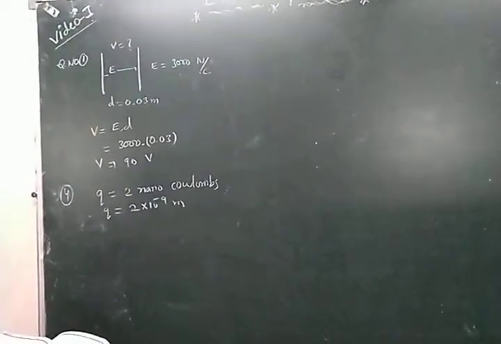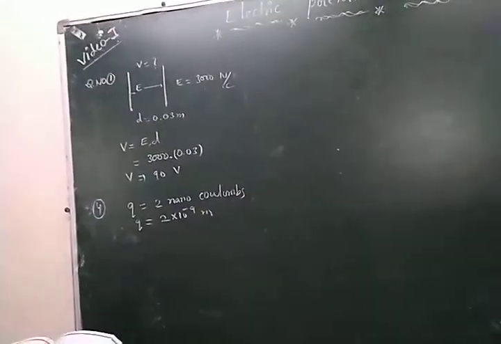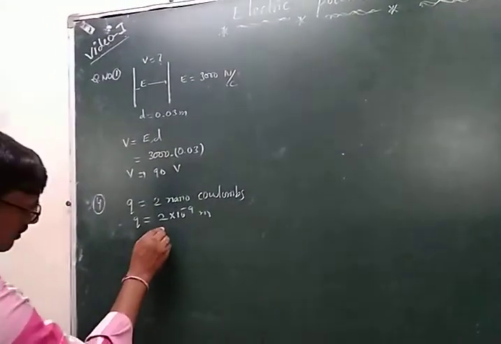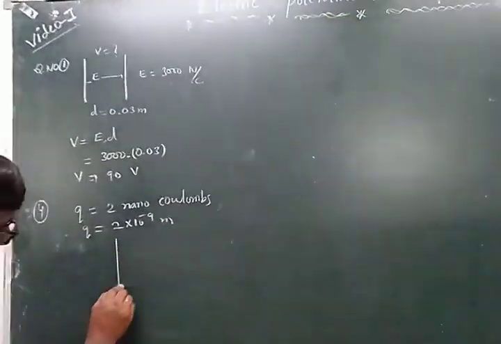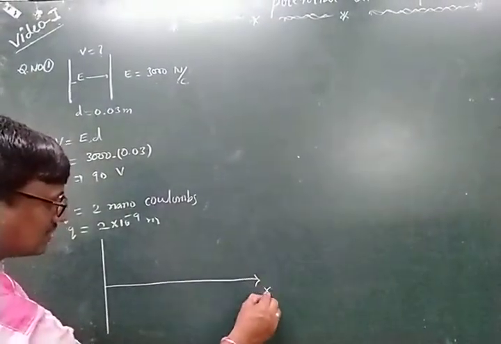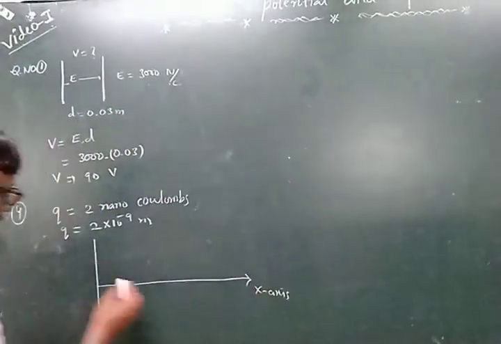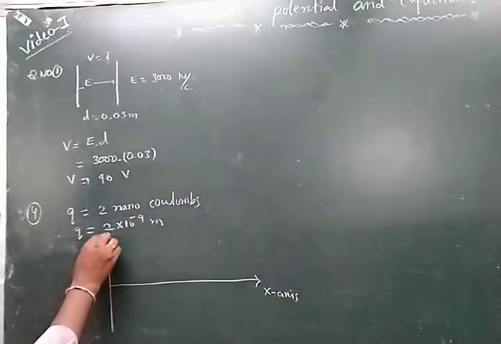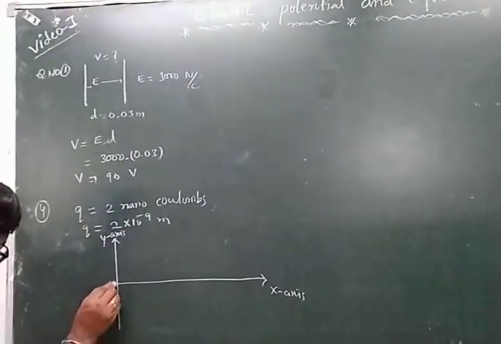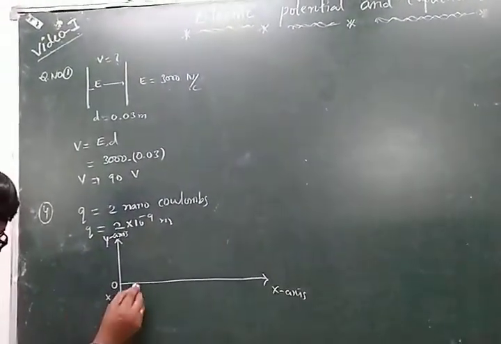In this setup, the conjugate charges have opposite signs. Take here the x-axis and the y-axis. Initially, the x position is equal to 0.